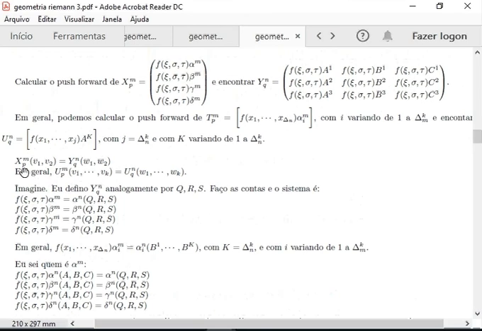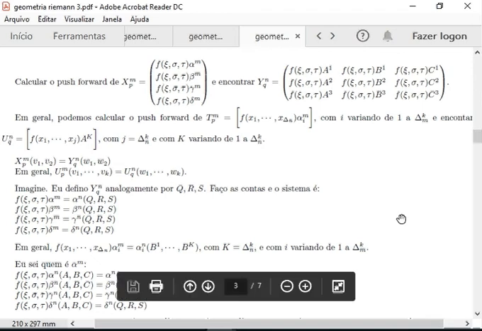What's XPM V1 V2? Y Q N W1 W2, and generally UPM is equal to UKN at respective vectors.